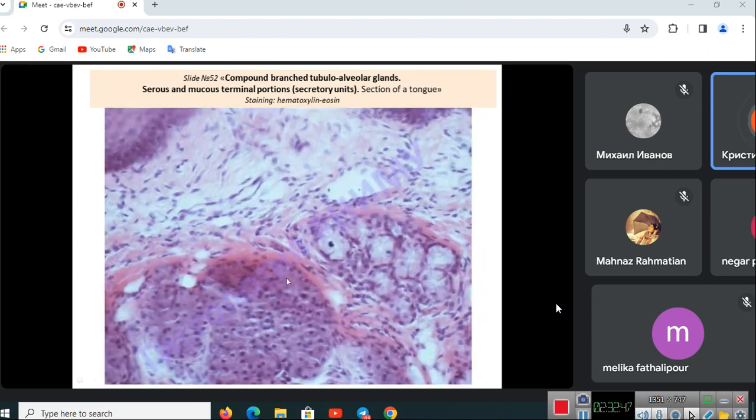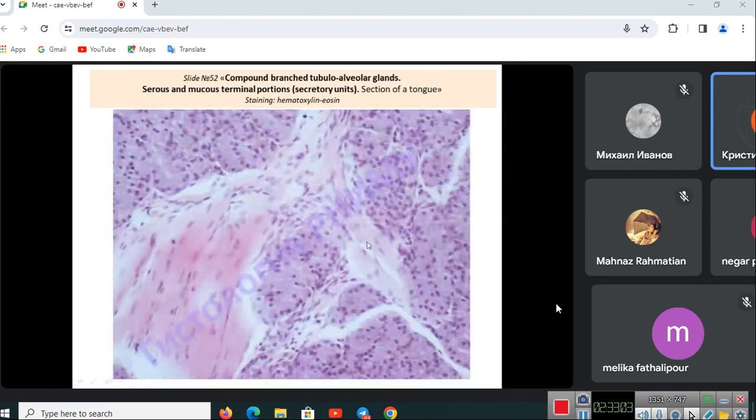Again, here serous secretory portion with serocytes, protein-producing cells, and mucous secretory portion made of mucocytes because of pale cytoplasm and flattened nuclei. Another example of serocytes.